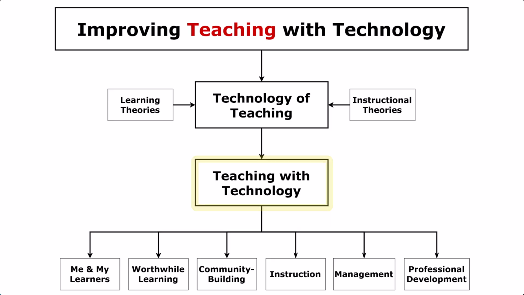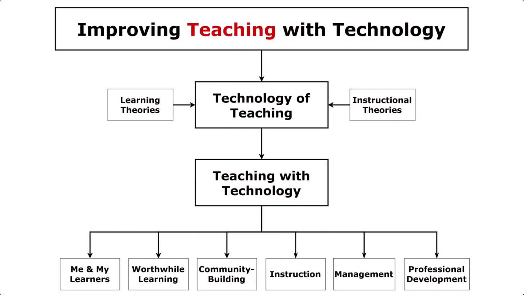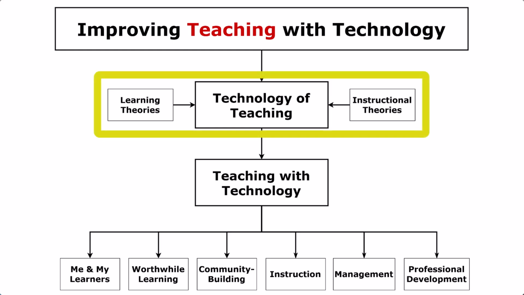So let me just say a little bit about the differences between those two big boxes and why I have it arranged so that to get to teaching with technology, you have to go through the technology of teaching. That box represents the fact that learning theories that have been developed over the years provide the foundation for what are called instructional theories.